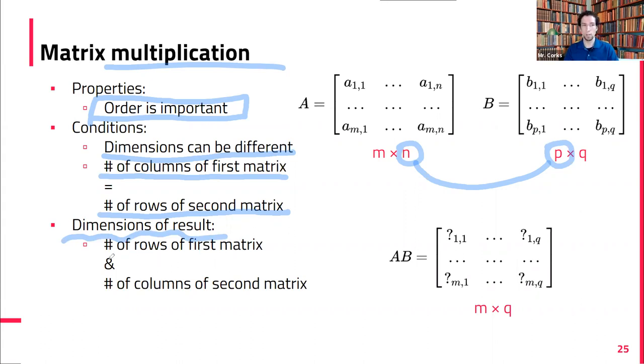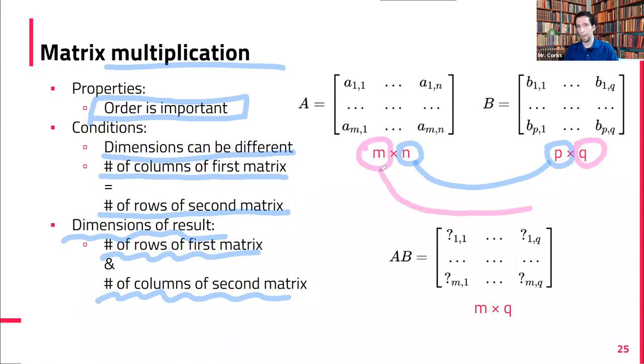The result will have the number of rows of the first matrix and the number of columns of the second matrix. Those are the outside numbers. So if N and P are the same, then it's possible, and it will be an M by Q matrix. The inside numbers tell you if it's possible. The outside numbers tell you what the dimensions of the result will be.